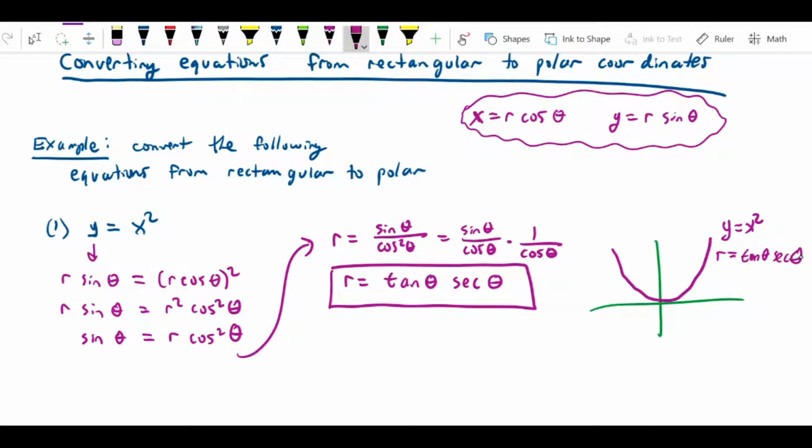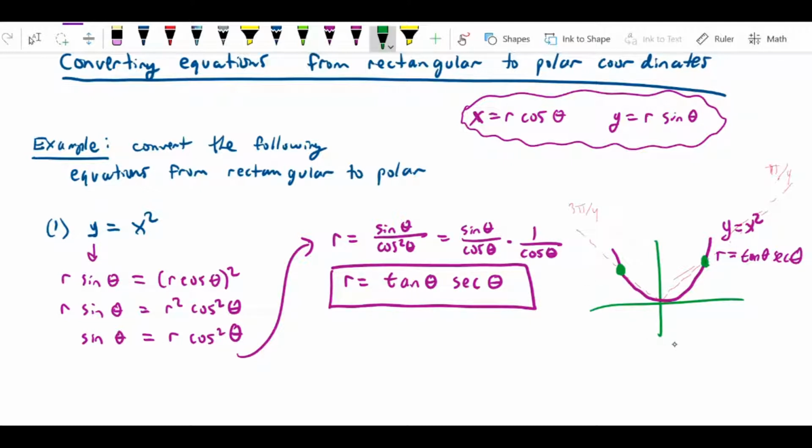Just to give you some idea of what this means, if I were to draw, let's say, a radial line at 45 degrees, that's going to be pi over 4. If I ask the function how far along this radial line I should go, it's going to give me this point. And if I were to draw a different radial line at, let's say, 3 pi over 4, and I asked how far I should go, it's going to tell me the same number, but now of course we're going in the other direction.